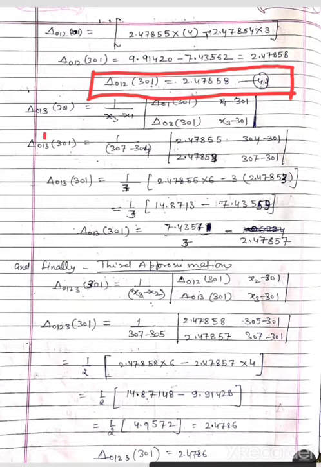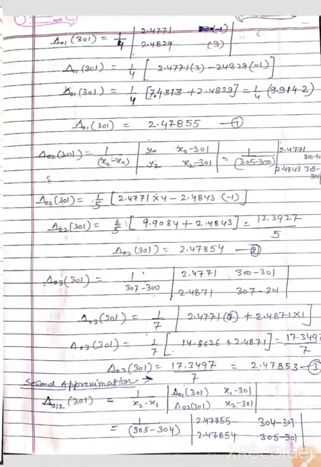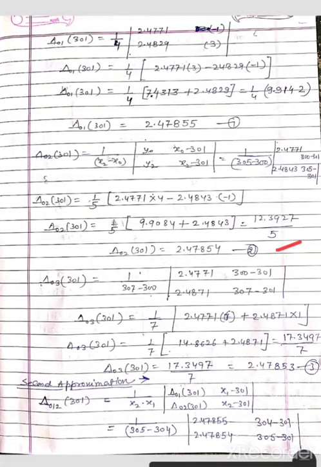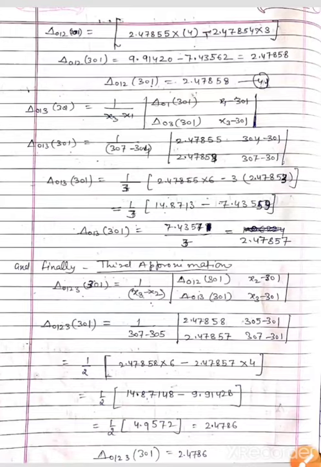by considering the points 0, 1 and 3 and taking the first approximations delta 01 and delta 03. The value of x3 is 307 and the value of x1 is 304, and delta 01 we have obtained, given by equation 2, and delta 03 given by equation 3.